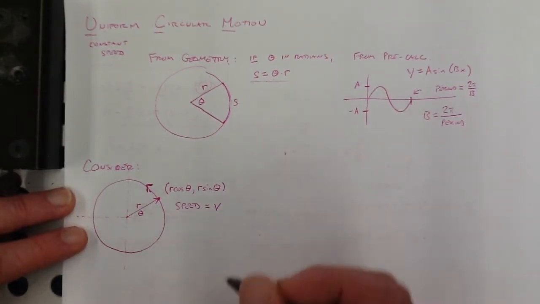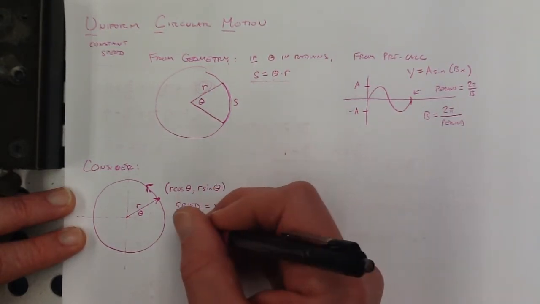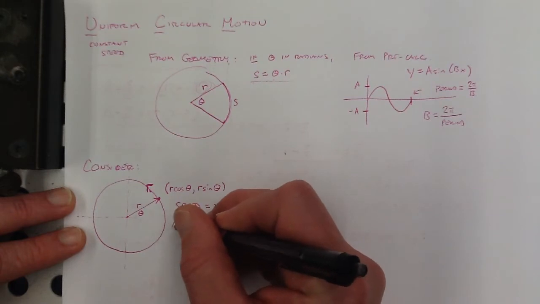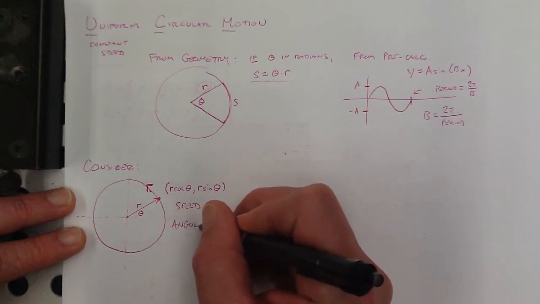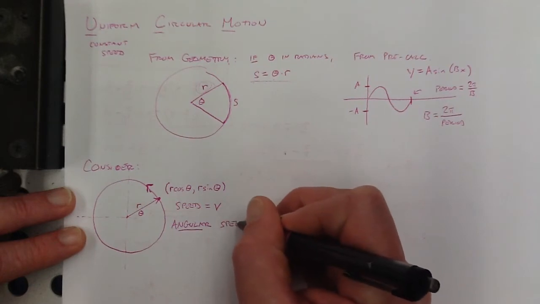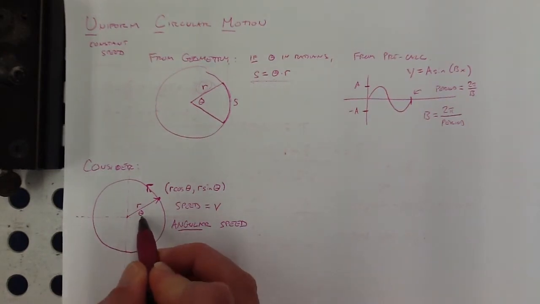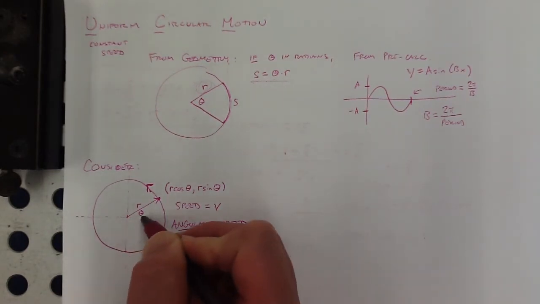Okay, and another thing we could say is, let's say that we would like to be able to describe the rate at which theta is changing.